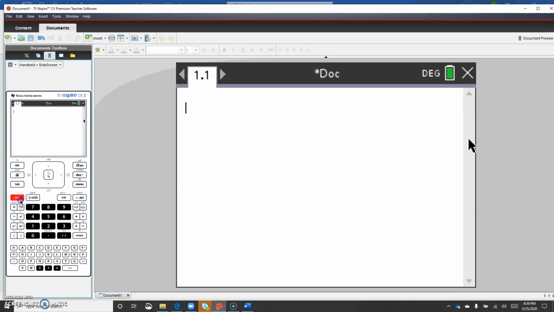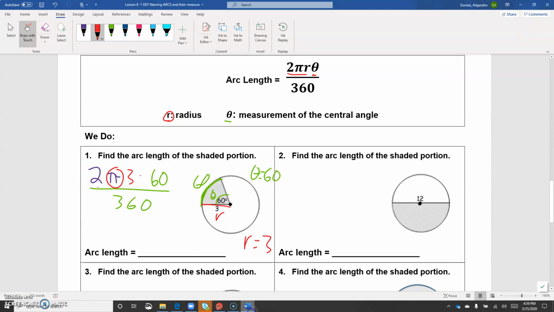So 2, we're going to do control divide 2 times 3 times 60 over 360. Enter 1. So then our answer will be 1, and you leave your pi. So 1 pi. So let's go ahead and try the next one, but take a look at this one.